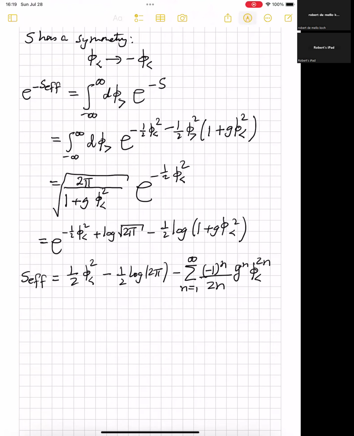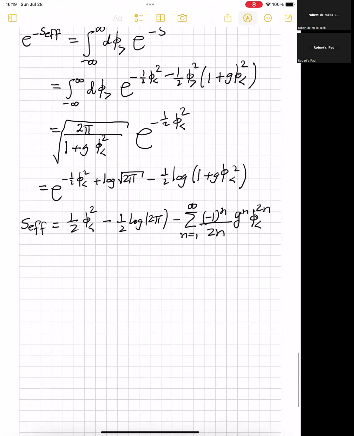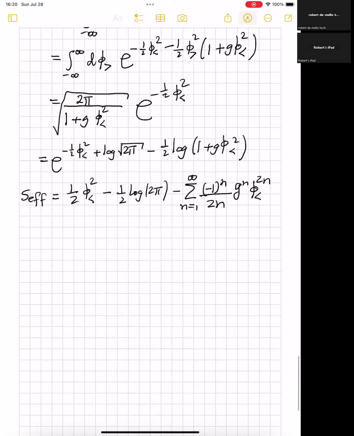So if we were looking at the Feynman rules for the effective theory, what do those look like? Let's just discuss this.